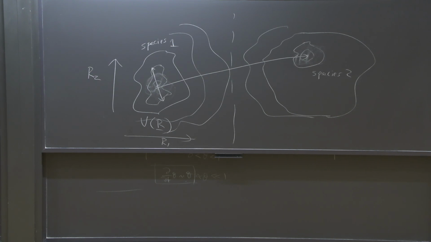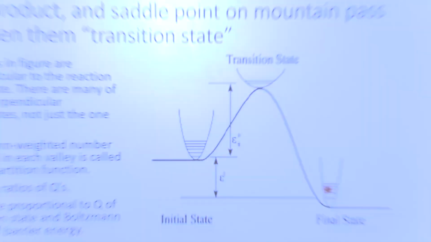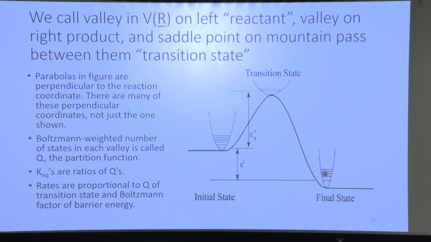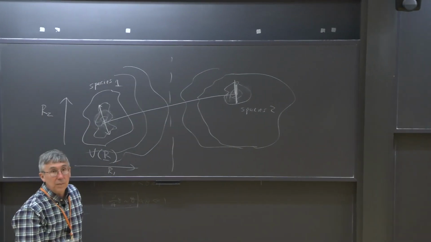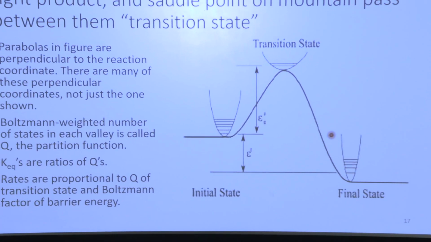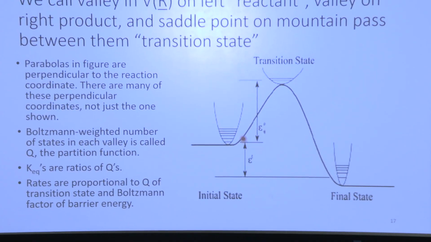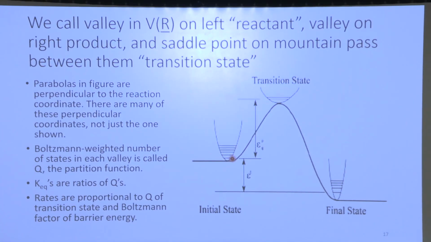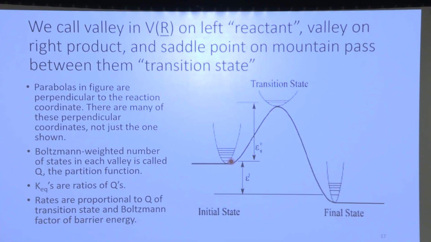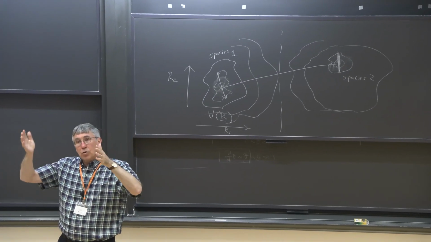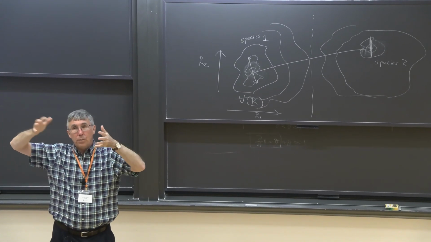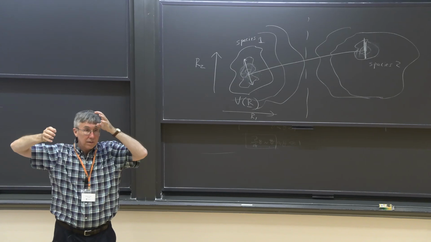All right, and the same thing here. This one should be out of the plane, and it's corresponding to this one over here. So this is the vibration this way. Okay? And it turns out that the probability of being in these valleys depends on how many points are in the valley, how big the valley is, because the probability is like the integral of that Boltzmann factor over all the possible r's that are down in the valley.